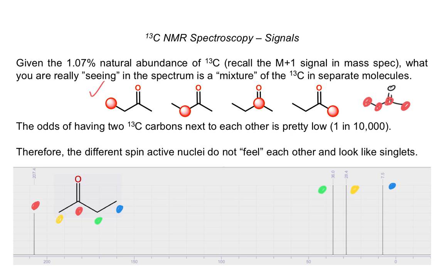So the fact that it's rare to have 2 C13 carbon atoms right next to one another means those spins do not talk to one another. So the carbon atom itself is just a single peak.